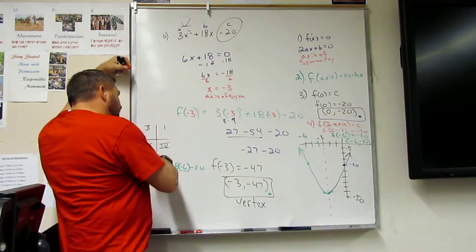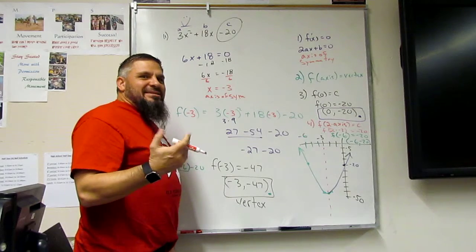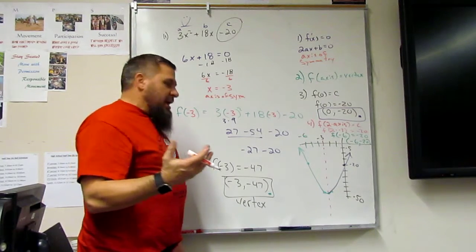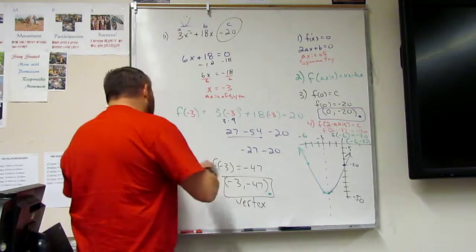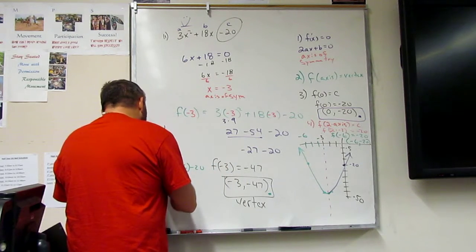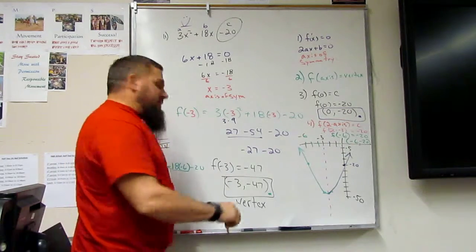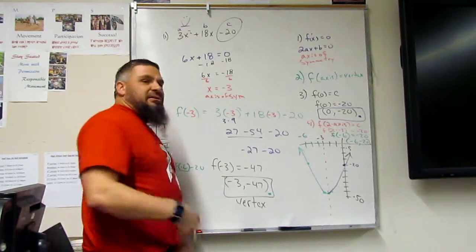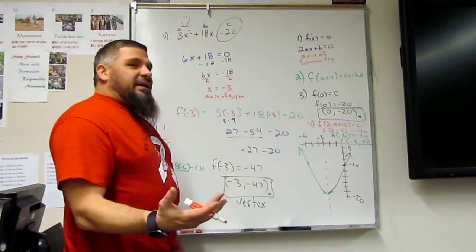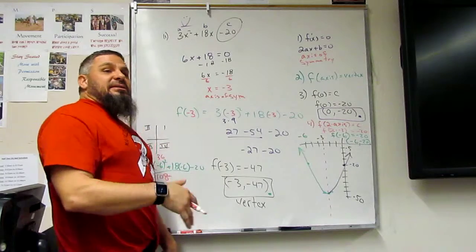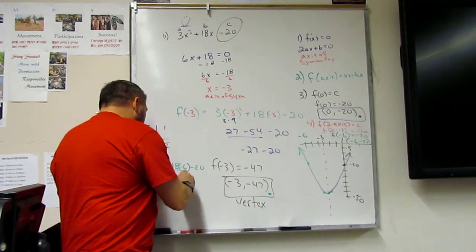And 3 times 36, well, 3 times 30 is 90, and 3 times 6 is 18. So 90 and 18 is 108. And then 6 times 18, well, it's going to be a minus. Minus and a plus is a minus. So far, so good. And then 60, because 6 times 10 is 60, and 6 times 8 is 48. So 60 and 48 is 108.